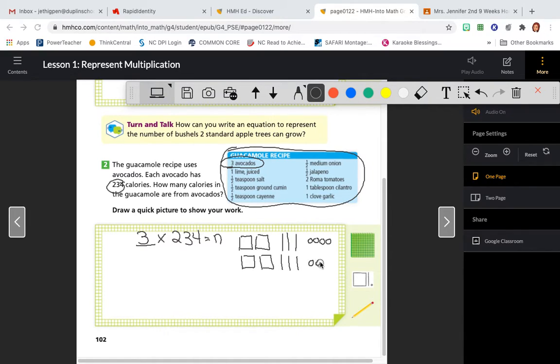And you see how I'm lining up my hundreds, my tens, and my ones. There's our purpose for that. There's a reason. Okay, now we've created our equation, we've drawn our quick picture, now we can easily solve the equation, and we're going to do that on the next page. So let's flip over to page 103, and we're going to continue to use this problem.